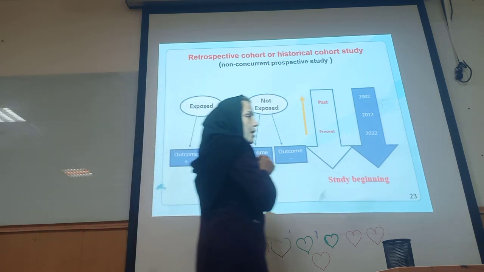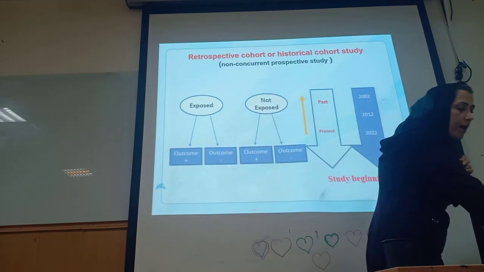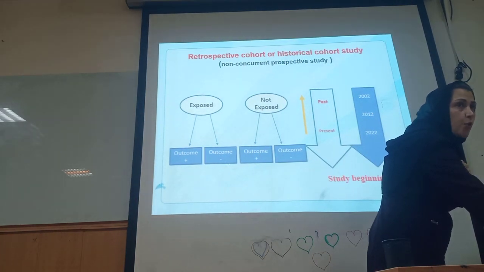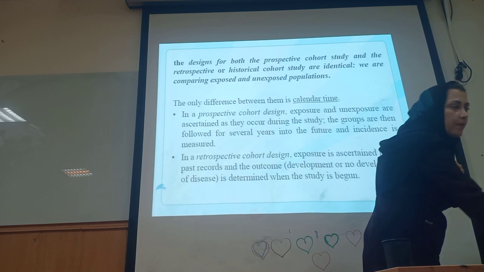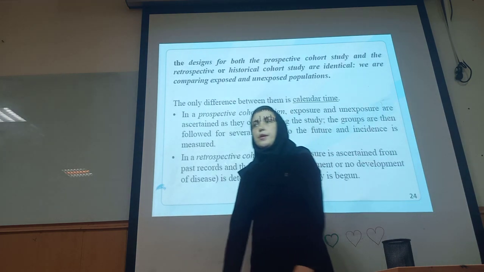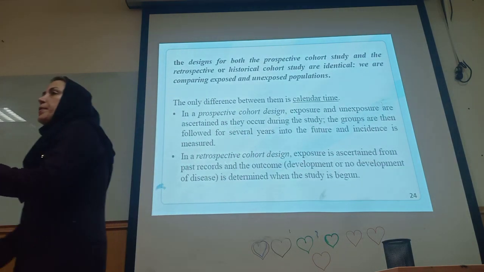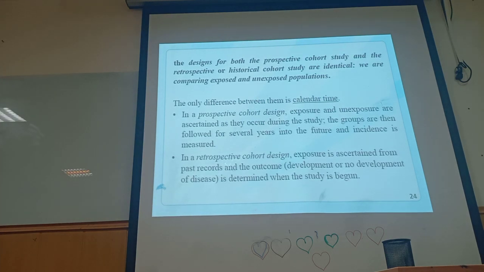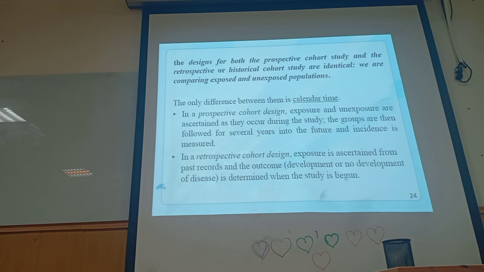Okay? Sometimes we can combine these two approaches. How? For example, there is a registry related to 5 years ago. We want to follow the population for 10 years. We can use that list.